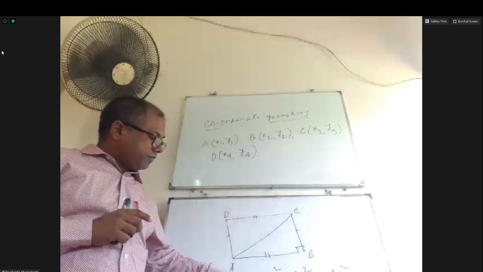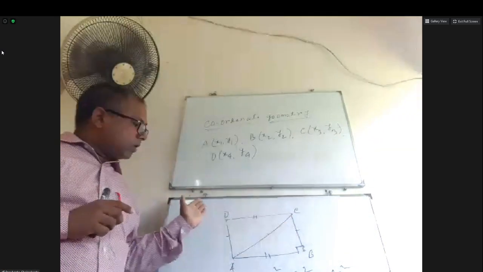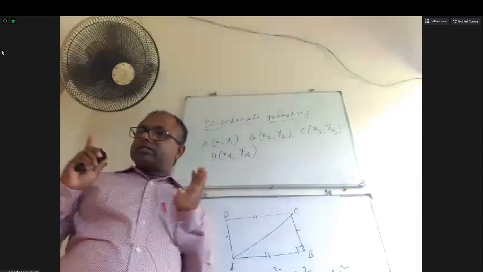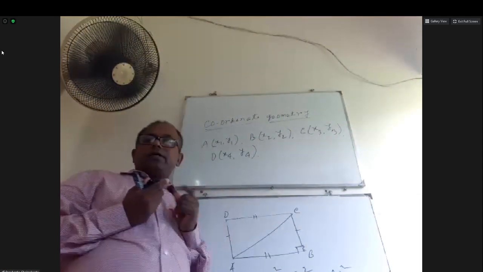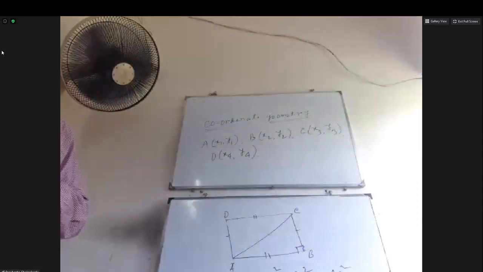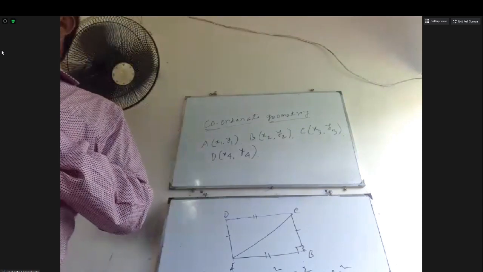Or if opposite sides are equal, but the Pythagoras theorem is not satisfied, then we can also say the quadrilateral is a parallelogram. So students, I hope you have understood.